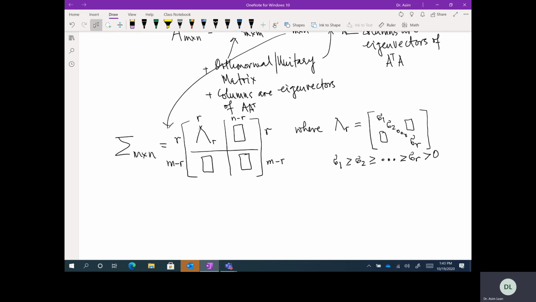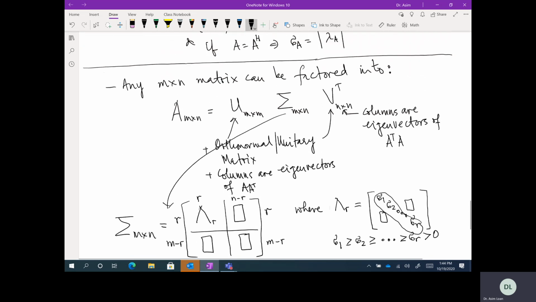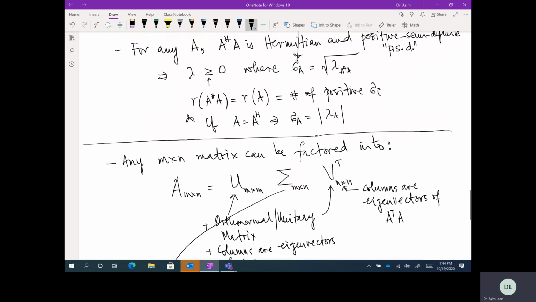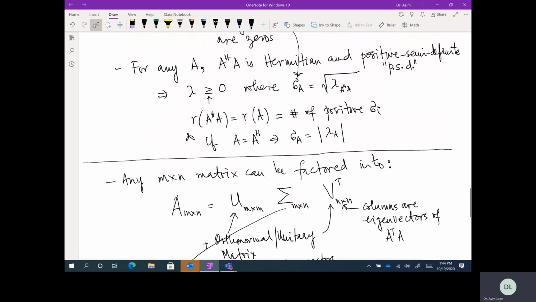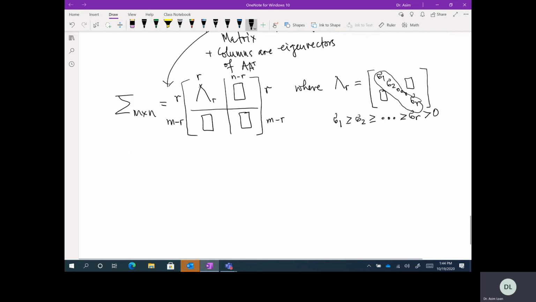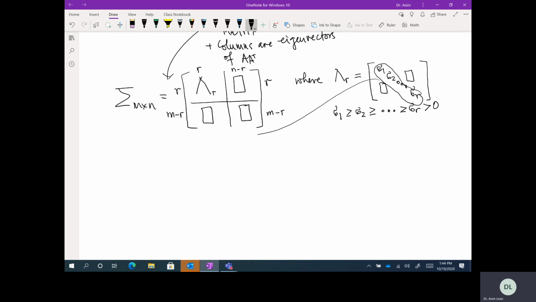These ones are simply the square root of the eigenvalues of A transpose A or AA transpose. So the non-zero ones. So these are the singular values.